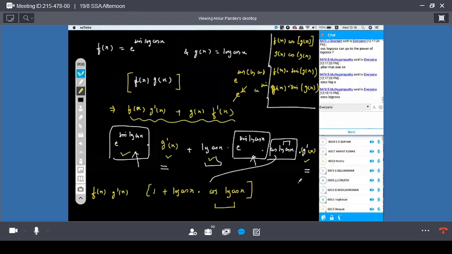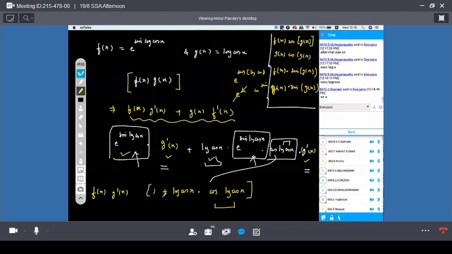Where is cos x into log x? Yeah, it's okay.